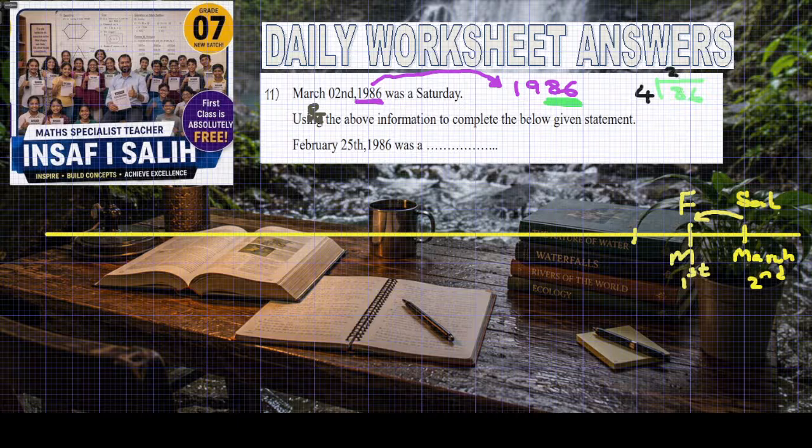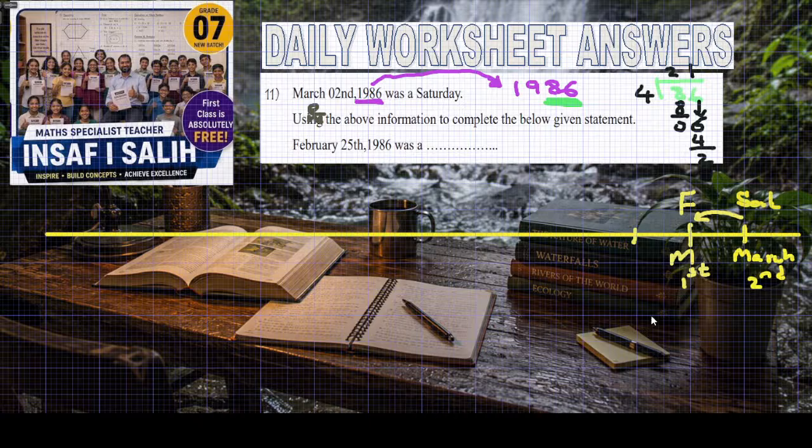That's 2 fours. How many fours are there? 6. That's 1. 1 times 4 is 4. Alright, we found out when we divide 86 by 4, there is a remainder of 2, which means 86 is not divisible by 4.